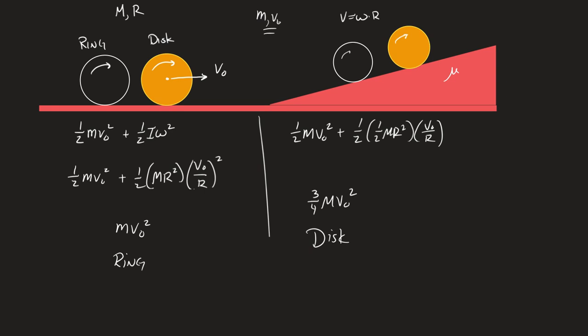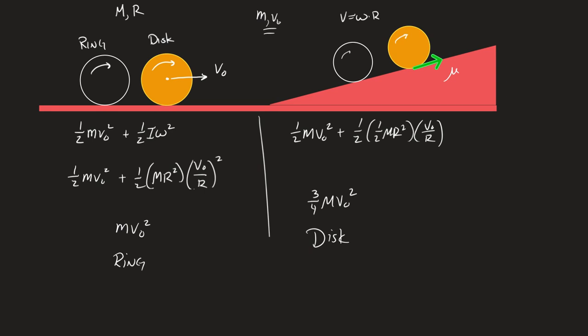The frictional force is the force that is causing the system to change its rotational speed. So it's the thing that causes a torque, right? So it has to be in the direction that can cause the rotational speed to get smaller. Also, and I know you don't think of it like this, two forces contribute to the ring or disk going up the ramp.